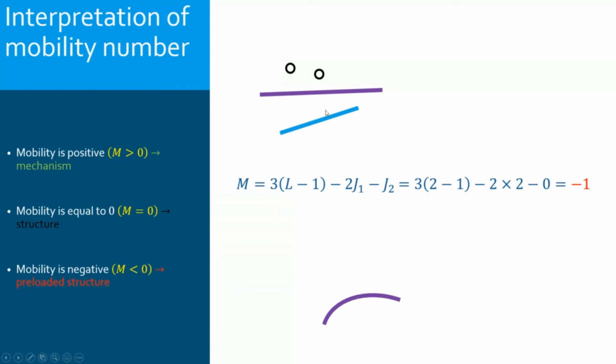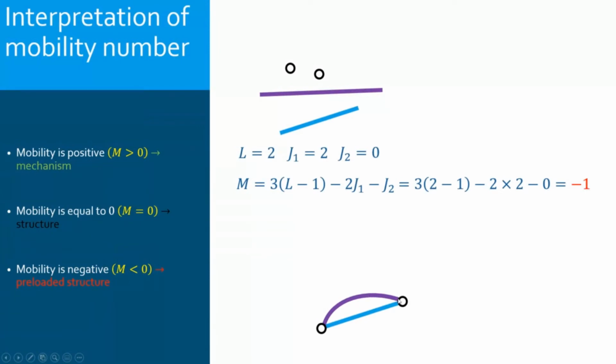Imagine you have these two bars and you want to connect them. They're not necessarily the same length. You will not be able to connect them, except on the condition that the purple link is deformed.